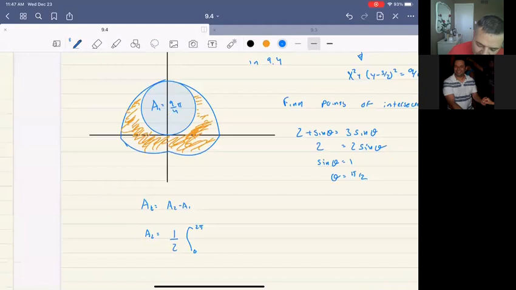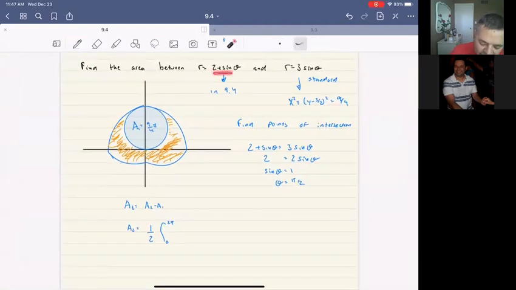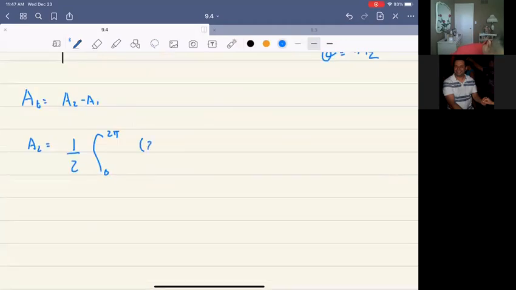Now, in this case, we're going to use r is 2 plus sine of theta, d theta.